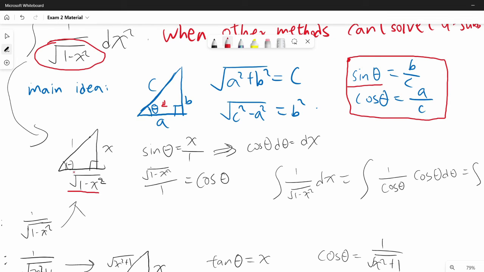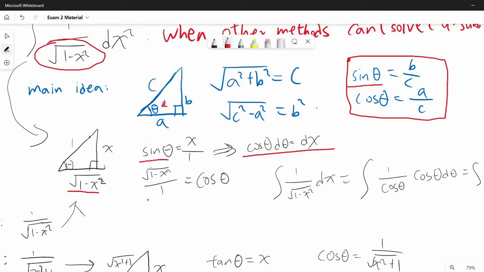So here we can connect theta with x. Sine theta is x over 1, opposite over hypotenuse. And then connect it with dx: take the derivative of both sides. We have cosine theta d theta is dx.